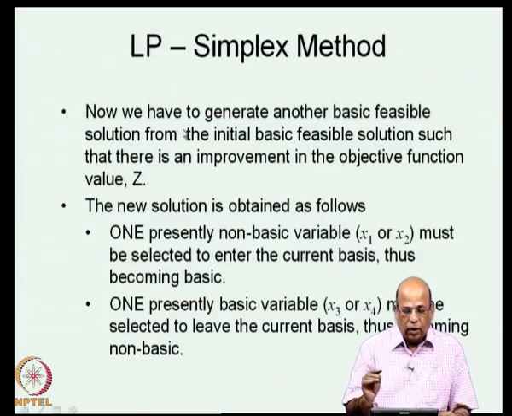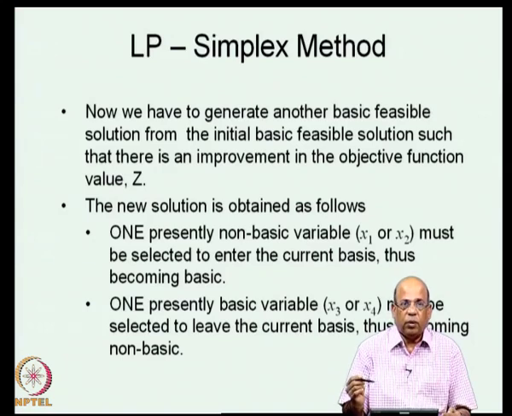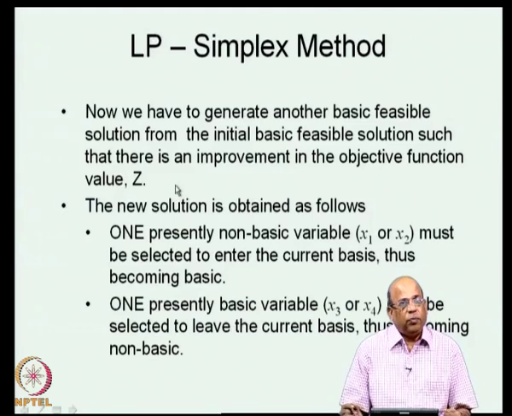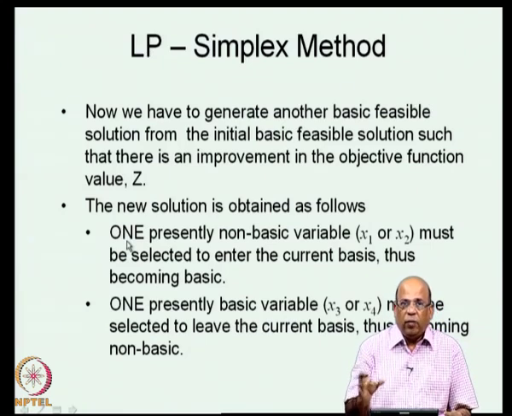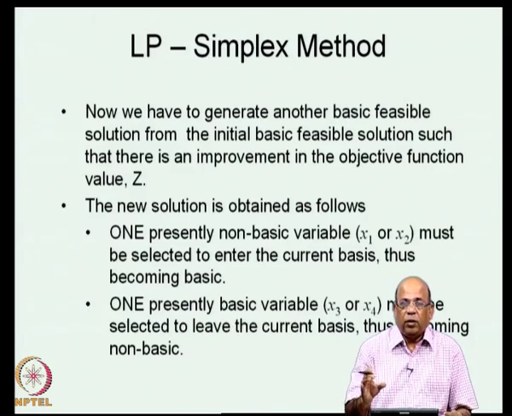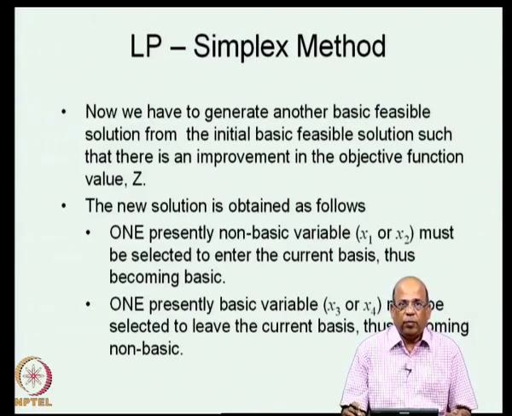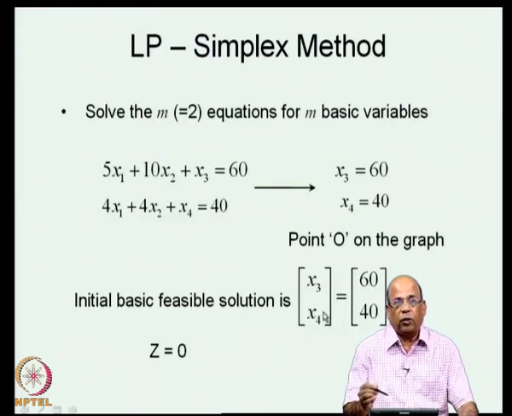We have to generate another basic feasible solution from the initial basic feasible solution, such that there is an improvement in the value of z. In the current step, you have a basis or a set of basic variables, that is in this particular case x3 and x4.